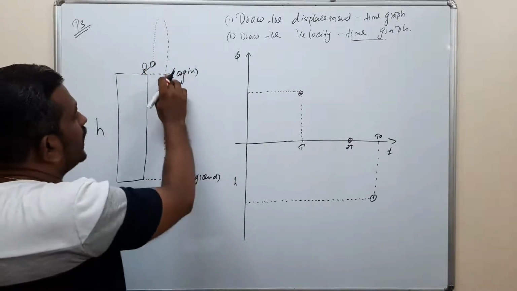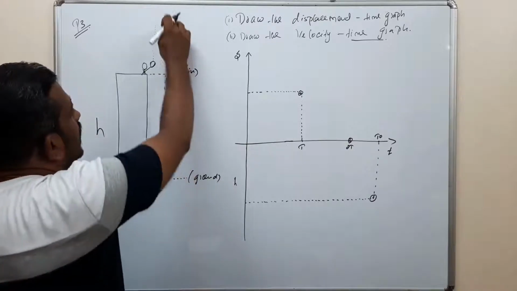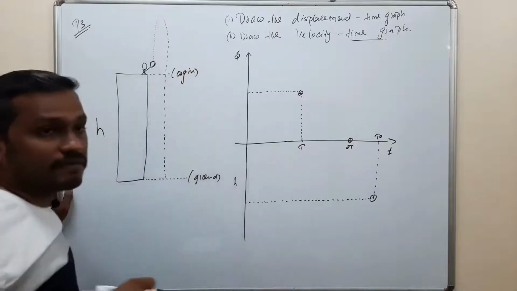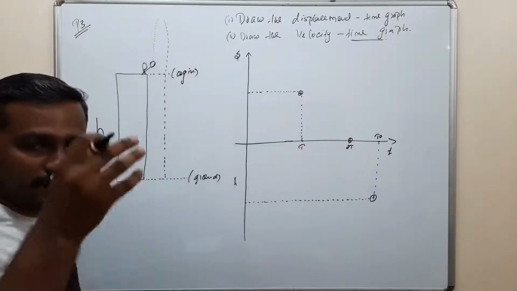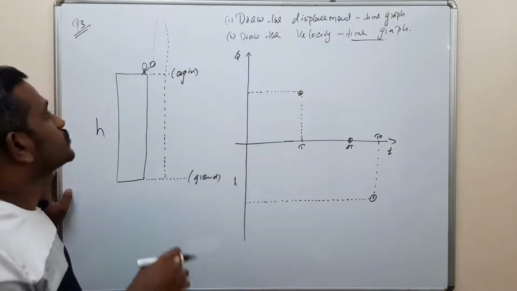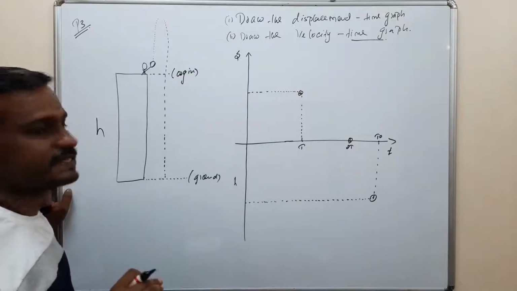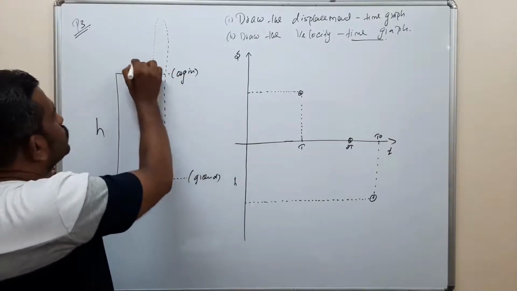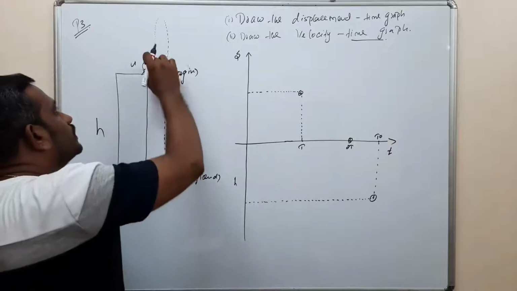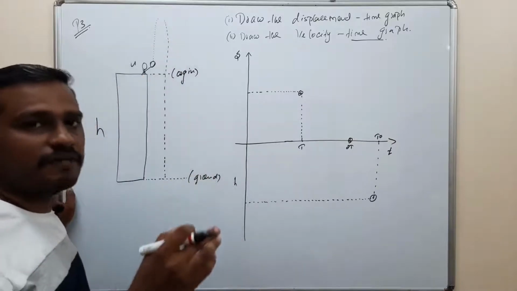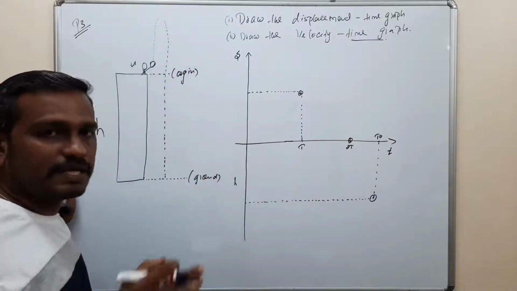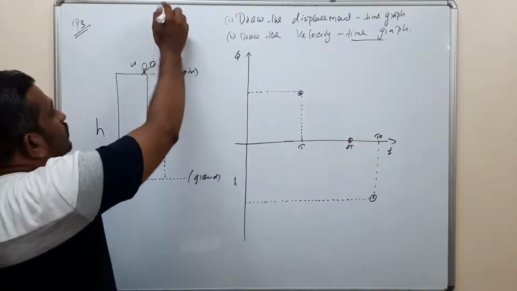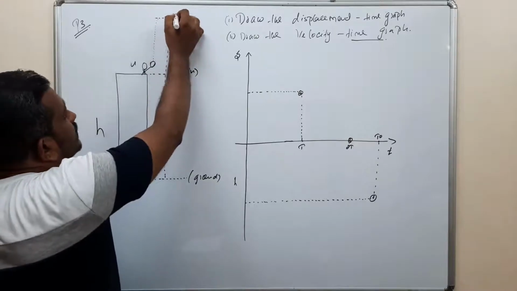When it comes down, the velocity is negative velocity, and the negative velocity increases. As the ball is projected with the initial velocity u and goes upwards, the velocity decreases continuously. At this particular height, the velocity becomes 0.